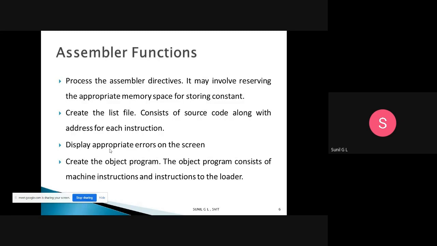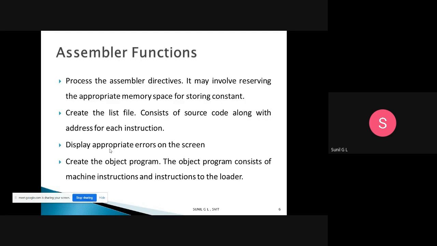For each instruction, it is stored in a particular memory location, and that address along with the instruction is written by the assembler into the list. So the list consists of the source code along with the address of each instruction. That is the fourth assembler function.